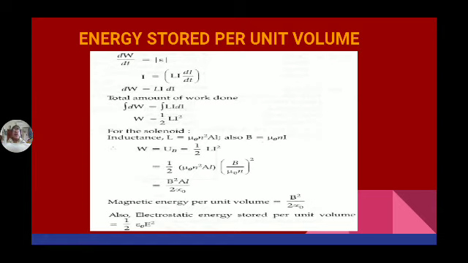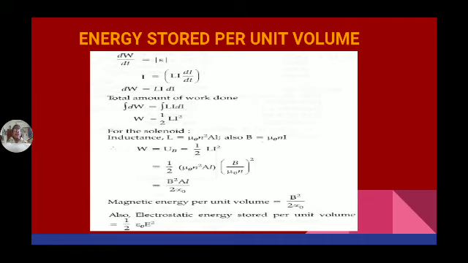If you take a solenoid whose length is L and cross-sectional area is A, what is the volume of the solenoid? A into L. So in the total volume A into L, the energy stored is half Li square. In 1 unit volume, in 1 meter cube, what is the energy stored? Half Li square by A into L.